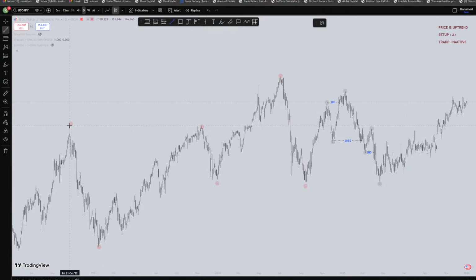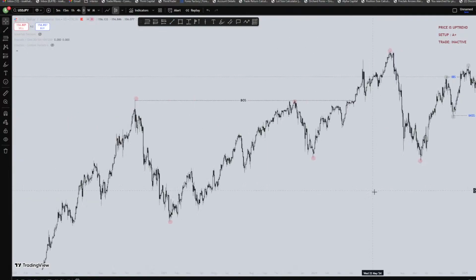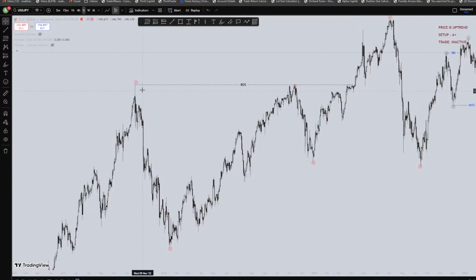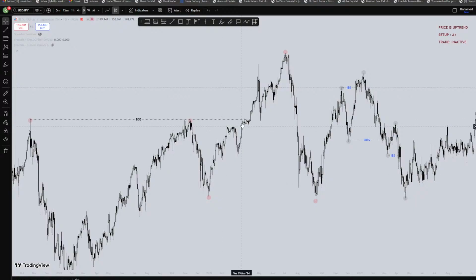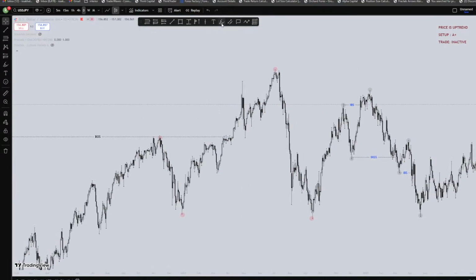That's sort of crucial. So you have this as BOS. BOS came, tapped in, then you have a break. Price rallied till here, so this is also valid.